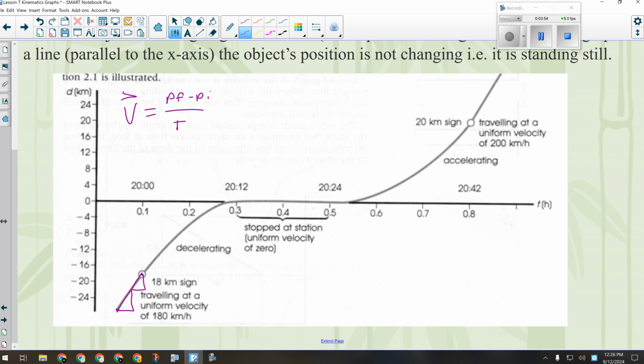Now, during this part of the graph, right here, the line is curving. And the graph says that it's decelerating, which is not a term we typically use in physics, but it's there. It means it's slowing down. How does that shape indicate that it is slowing down?